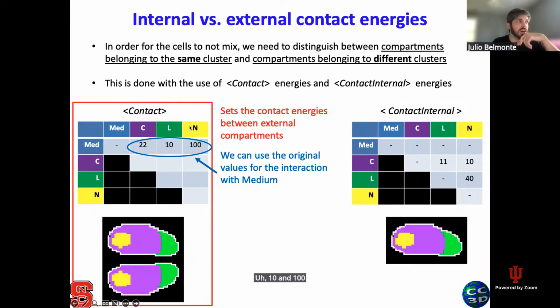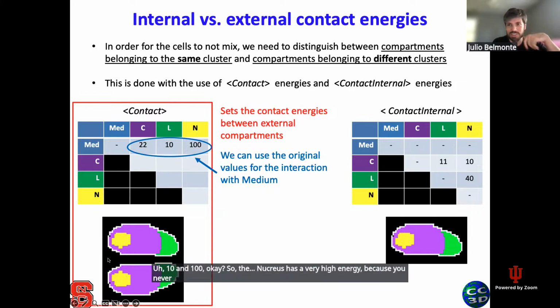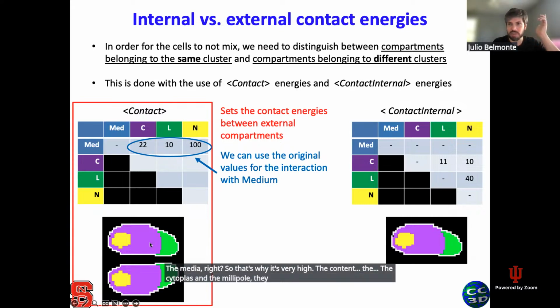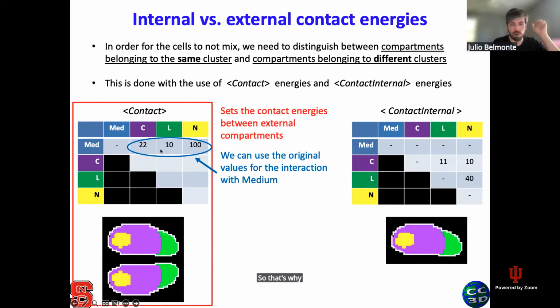Okay, so the nucleus has a very high energy because you never want the nucleus to touch the medium, right? So that's why it's very high. The cytoplasm and the lamellipodium, it's okay for them to contact the medium. So that's why their energy is lower than the one in the nucleus.